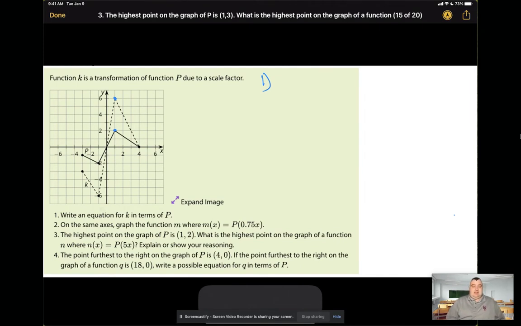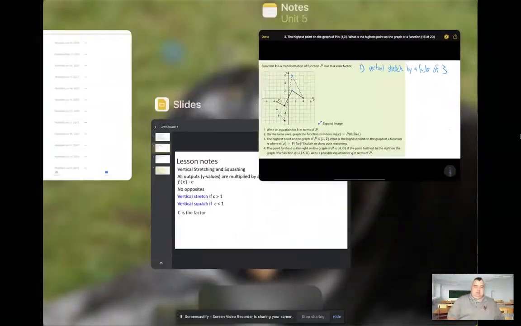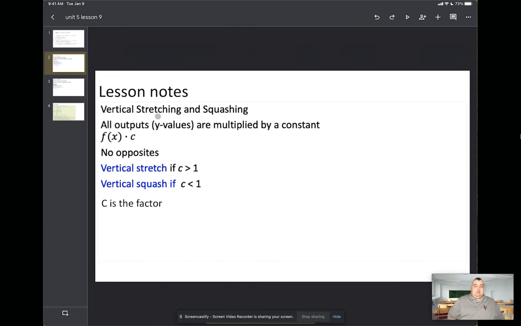So this is a vertical stretch by a factor of 3.